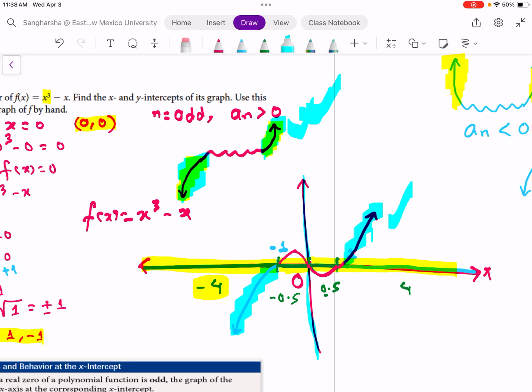Okay, so here we have a function. Let me do number 52.